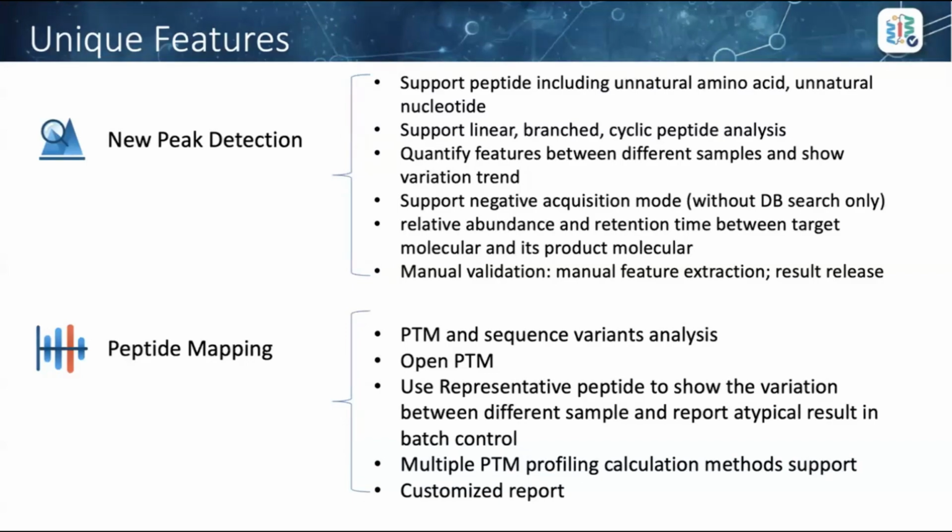Those two workflows give us more detailed information. For new peak detection, we support peptides including unnatural amino acids or unnatural nucleotides. In this function, we support not only linear peptides, but also branched and cyclic peptide analysis. Then we quantify the features between the different samples and show the variation trend.